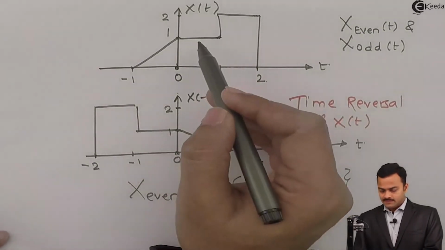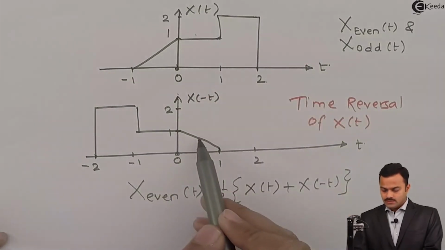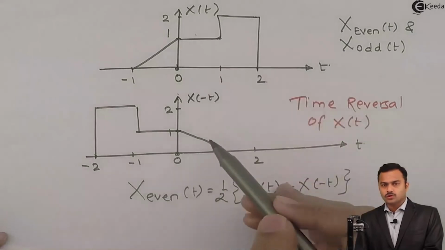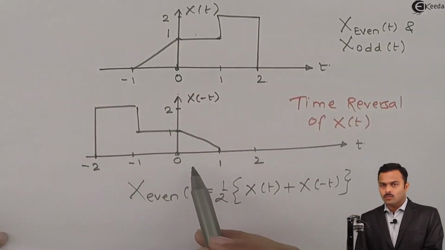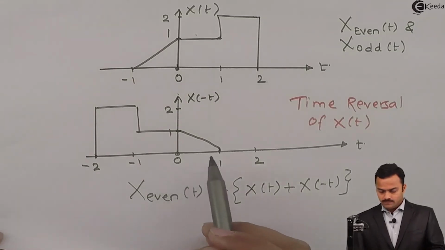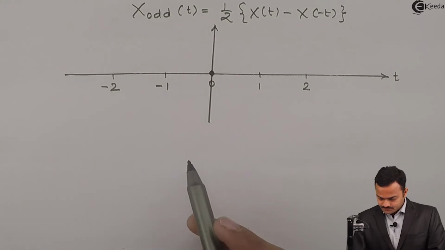So overall we will get a structure like this. Slope is 0 here, and here the slope is minus 1. Subtraction of these two slopes will give you a resultant slope of 1. So we will get slope equal to 1.